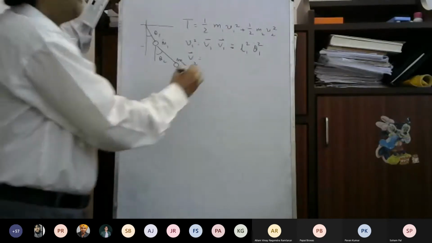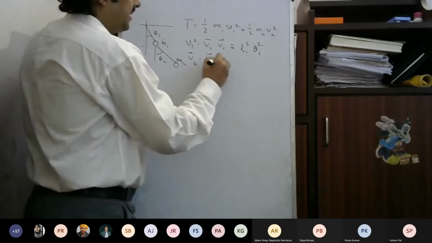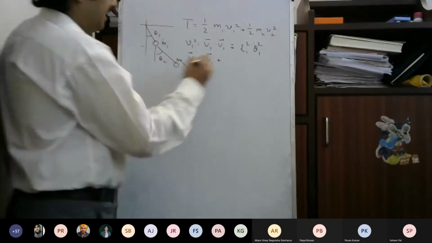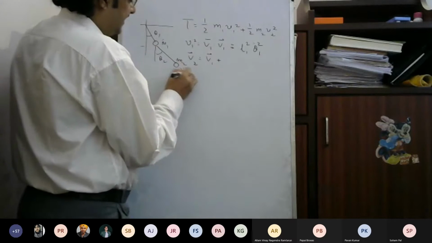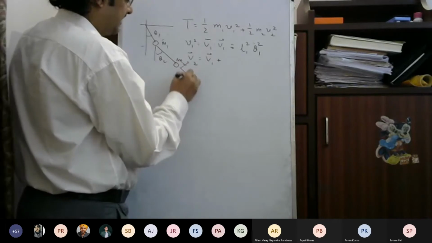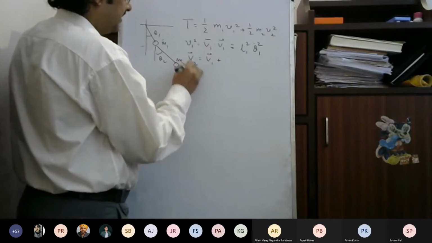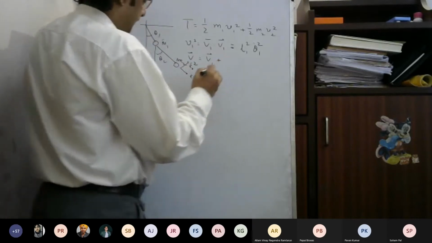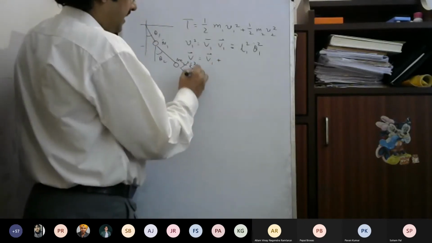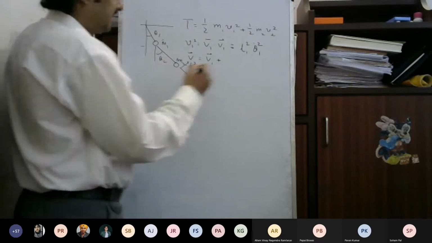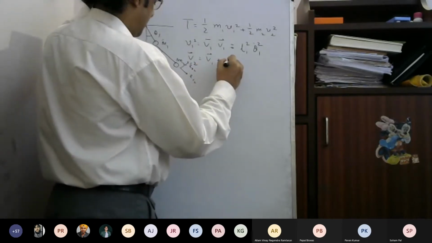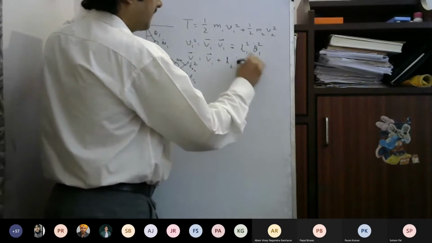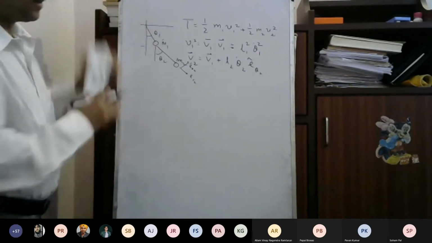The velocity vector will be equal to velocity v1 plus the relative velocity. If you consider ER and E theta here, then, again with R2 and E theta2, the relative velocity will be equal to L2 theta2 dot E theta2.